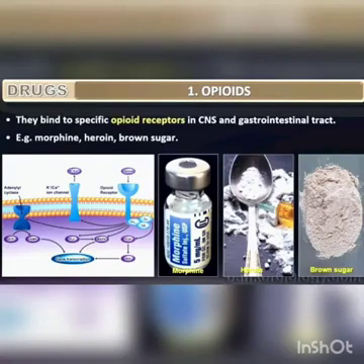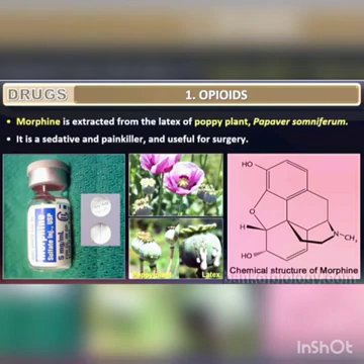Opioids bind to specific opioid receptors in the CNS and gastrointestinal tract. Examples: morphine, heroin, brown sugar. Morphine is extracted from the latex of the poppy plant, Papaver somniferum. It is a sedative and painkiller and useful for surgery.